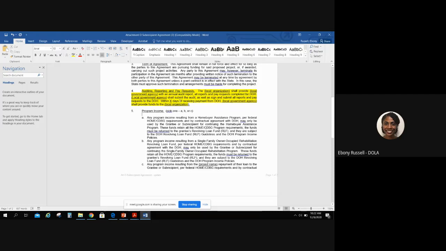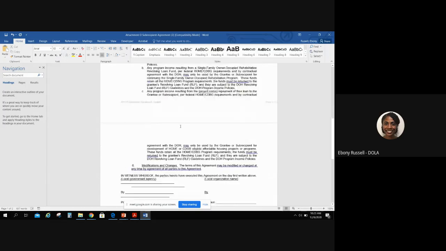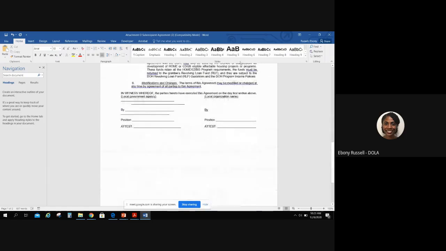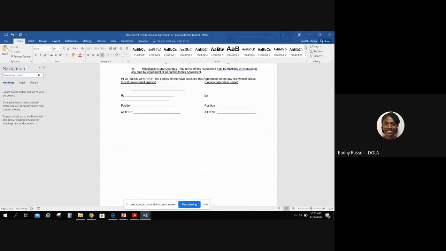So this is saying DOH will pay the city or the county, and then the agency and the city will agree on the number of days it will take for the city to pay them. And that's something that you work out with them. And then you sign and date there and say that you agree to that.